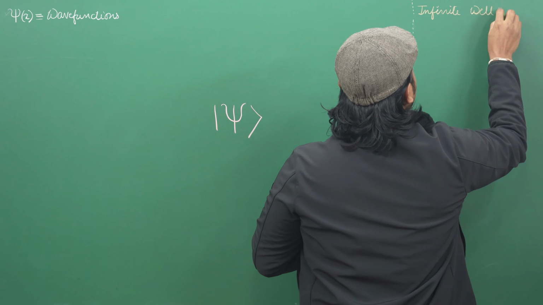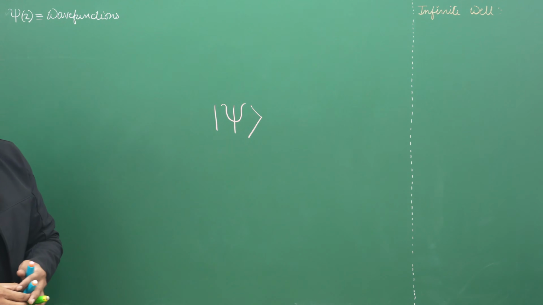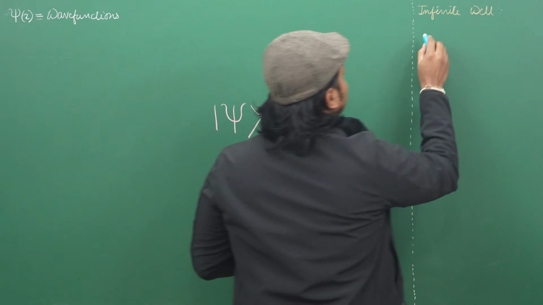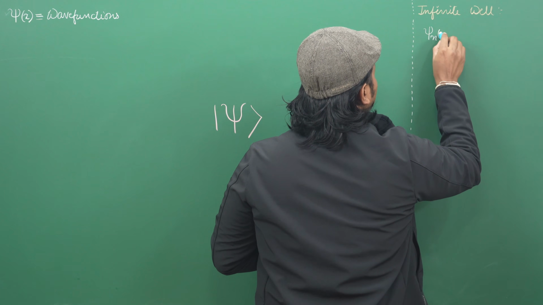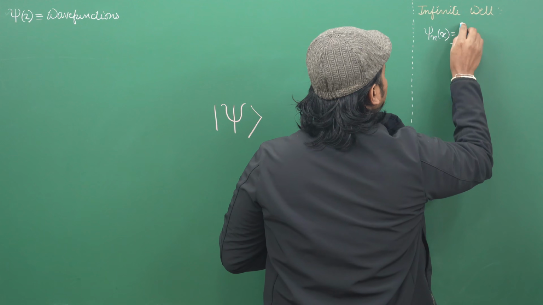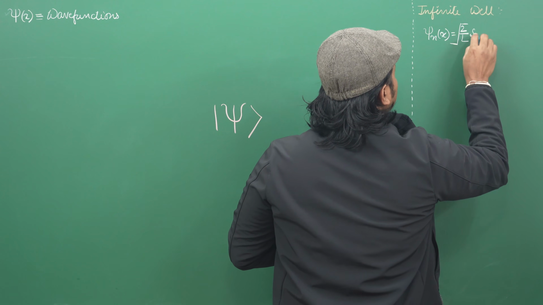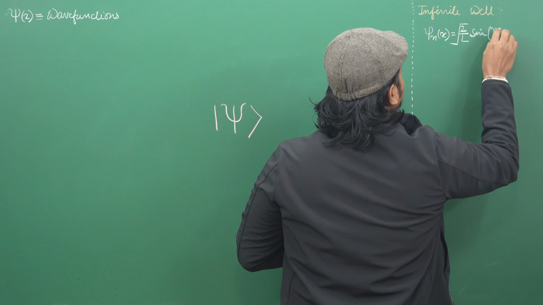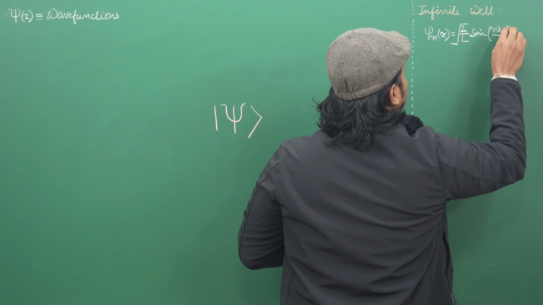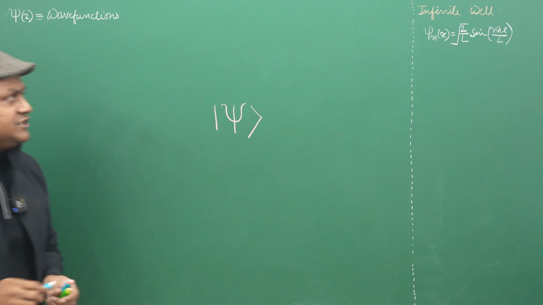then you are familiar with the eigenfunction solutions of an infinite potential well. Yes, they are written in a very simple fashion. Psi n is root 2 upon L sine n pi x upon L. These are the eigenfunction solutions of an infinite potential well.